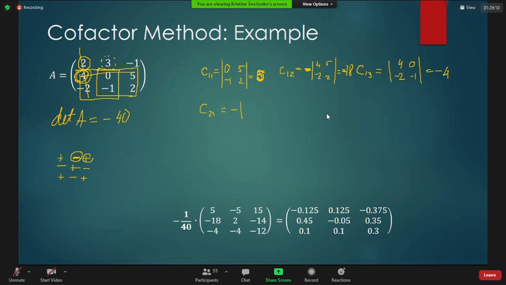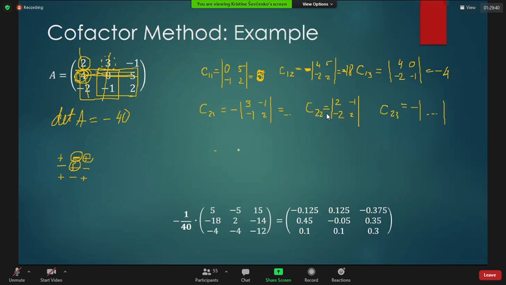Cross out row and column, you get 3 minus 1, 2. Again, you evaluate. Then you write C22. It's in the plus position, so we write it as it is. Cross out, you get 2 minus 1, minus 2, 2. Then C23 would again have this extra minus.